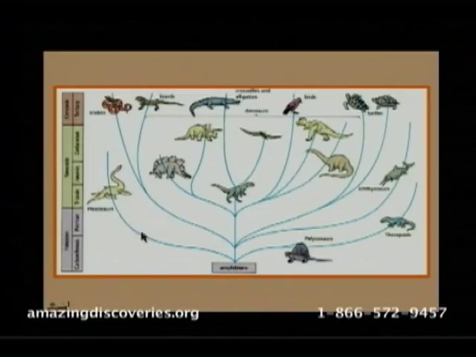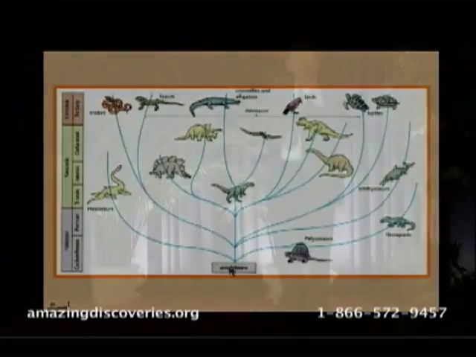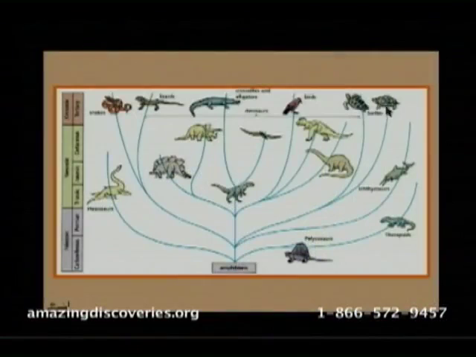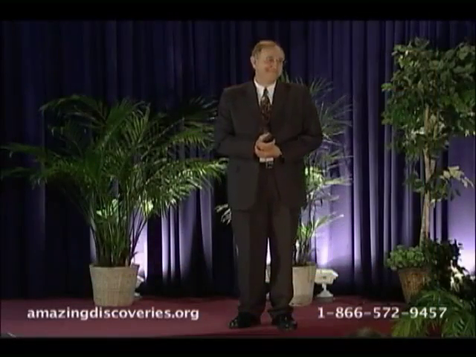This is a typical tree of the dinosaur evolution, starting with the amphibians, and then how they all evolved, and there are all the modern ones sitting on top of the tree. Is this true, or is this conjecture? It's inference, conjecture, but it's not based on the fossils.